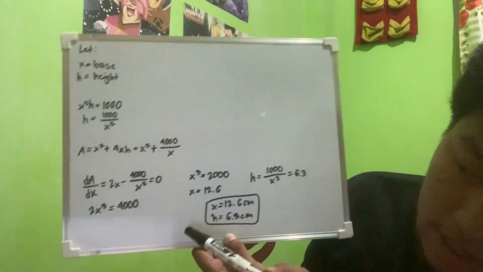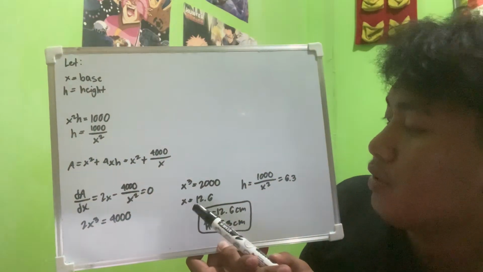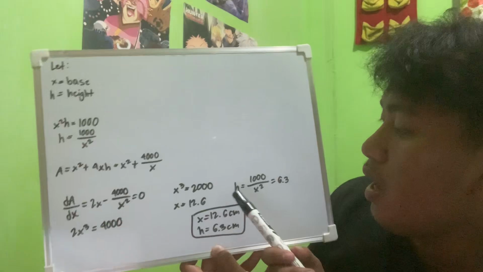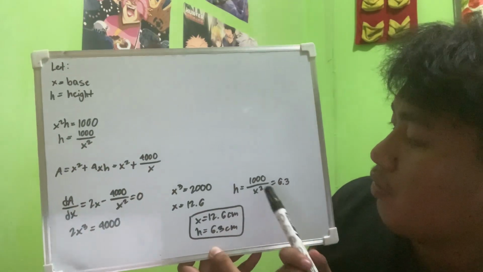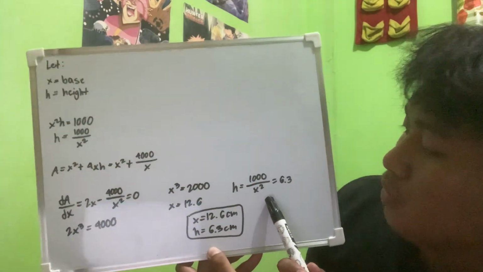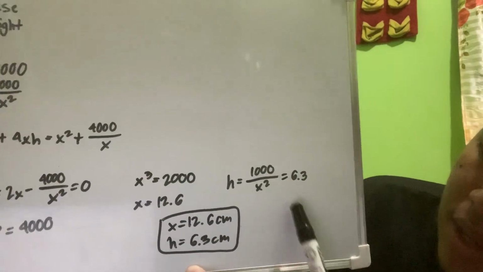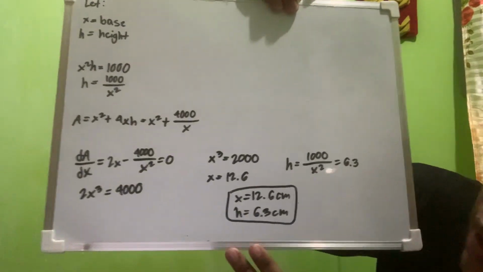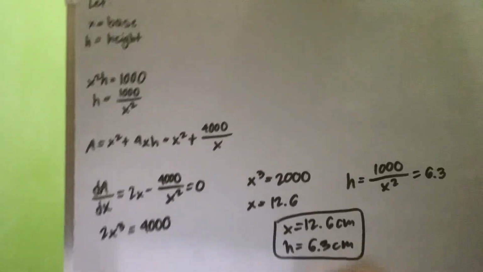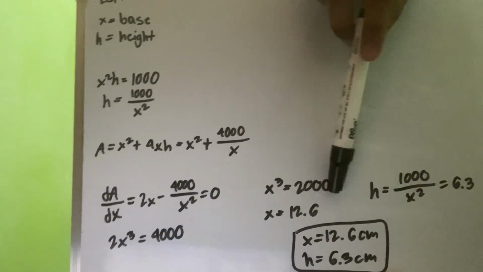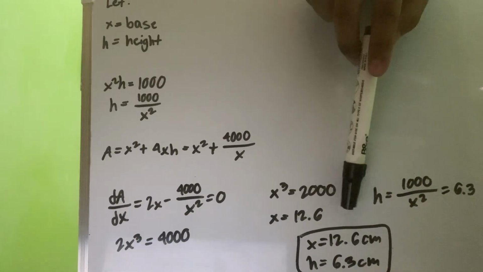So we have x. Then we're going to solve for the height. So the height is h equals 1000 over x squared equals 6.3. So we have the answer of problem number 14. So x equals 12.6 centimeters, then h equals 6.3 centimeters.